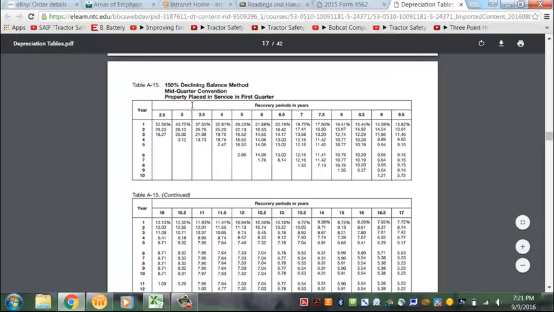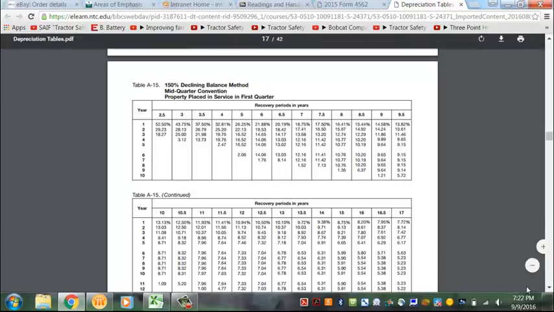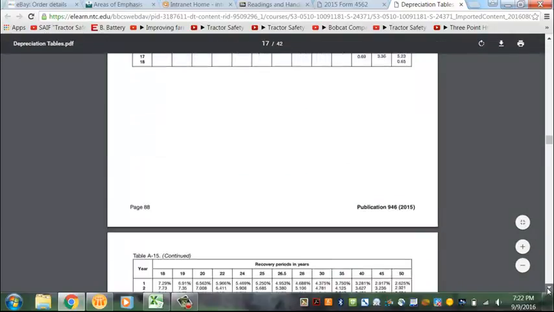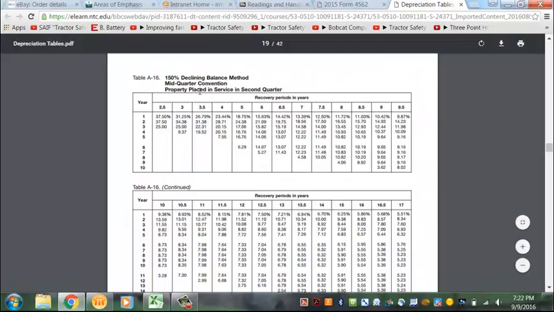You have to make sure then you look to see what quarter the asset was placed in service. So if our tractor was placed in service in June of 2016, that means it was placed into service in second quarter. So we need to go down to the next graph. So 150 declining balance method, mid-quarter convention, property placed in service in second quarter.